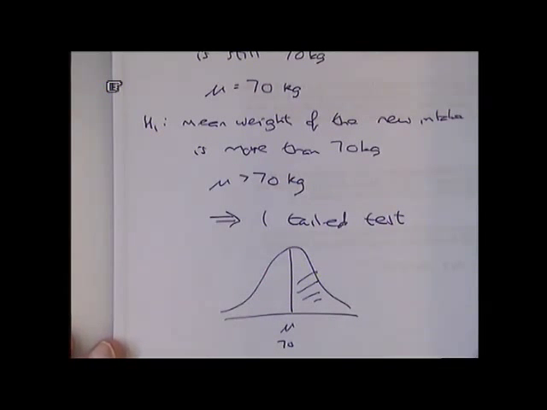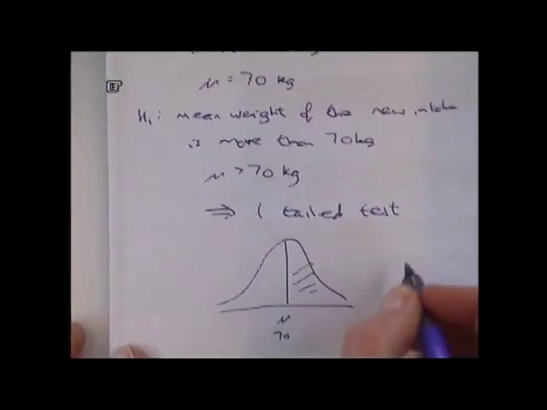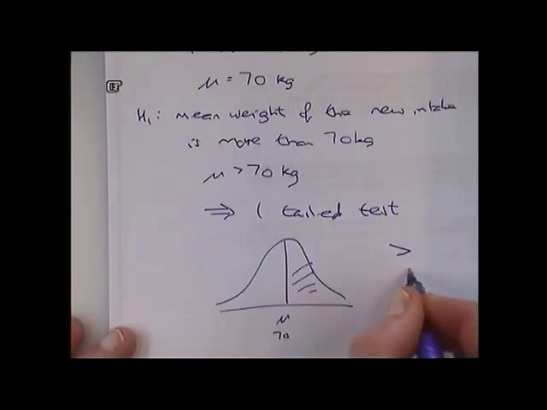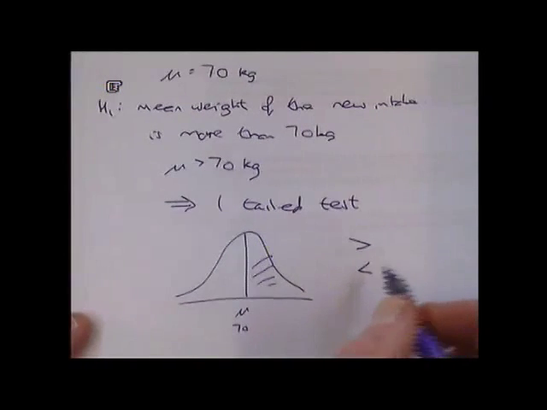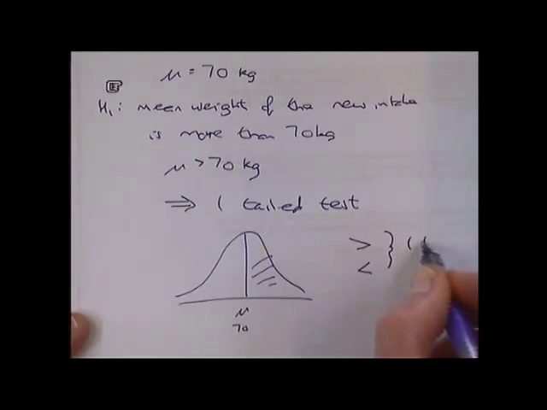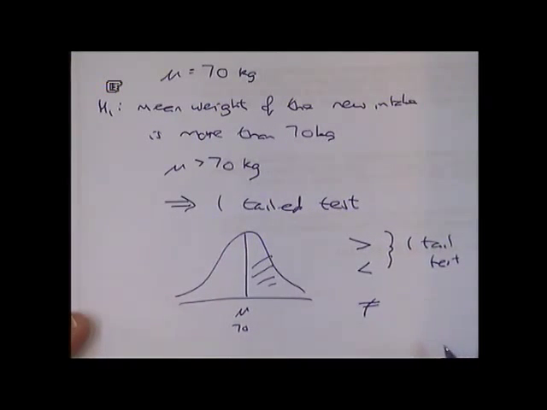That's a one-tailed test. If it said, is it just no longer 70, they may be interested in here or here. That would be called a two-tailed test. So if you want to make a note somewhere: if you use a greater than or less than sign in your alternative hypothesis, it's called a one-tailed test. If you use a not equal to sign, that will be called a two-tailed test.